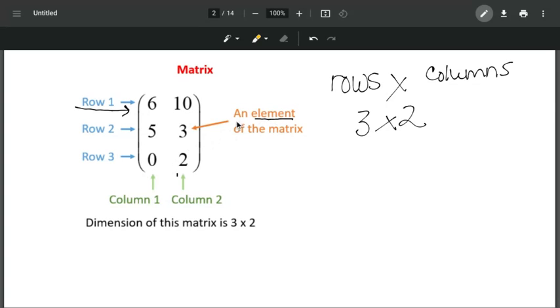And so usually to refer to an element of a matrix, you'll see the letter A and then a subscript referring to the row number and the column number. So if I were to say A sub 2, 1, this means the element in row 2 and column 1.